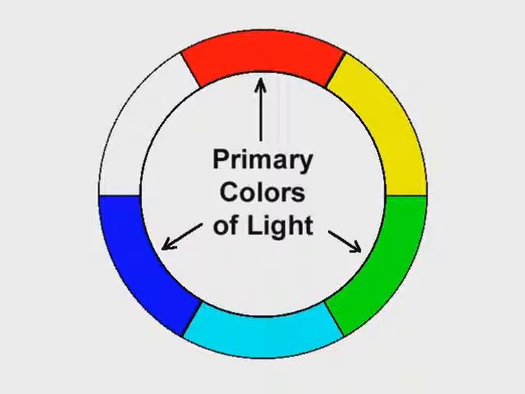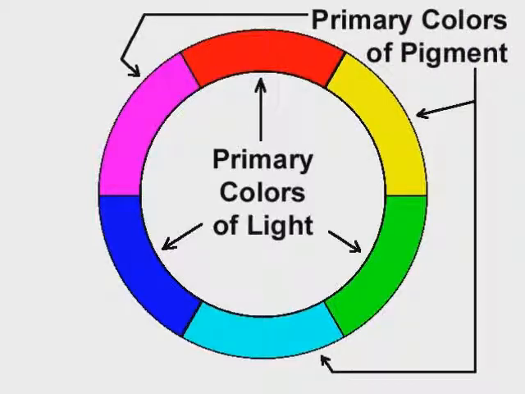And if you mix blue and red together, you get magenta. Now the interesting thing about that is, by mixing those colors, the primary colors of light, you end up with the primary colors of pigment. And vice versa, if you mix the primary colors of pigment together, you get the primary colors of light.